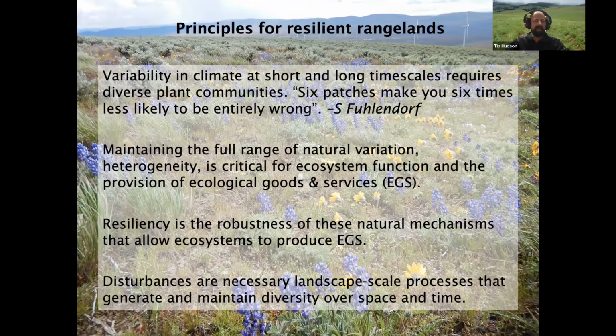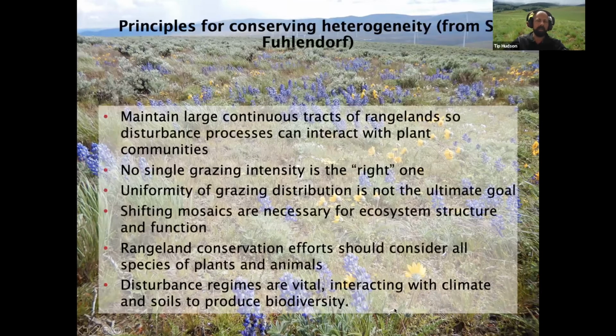The idea here is that we don't necessarily want to apply grazing in a way that creates uniformity of plant community types across a landscape, but to allow the natural variation and also to create some variation through grazing pressure interacting with natural disturbances and plant communities.